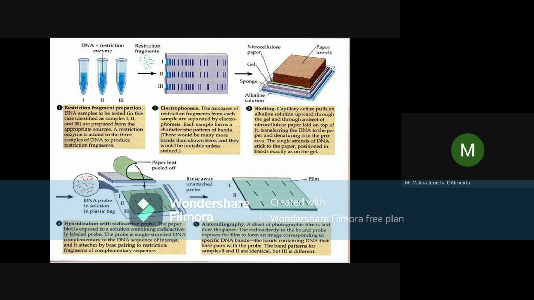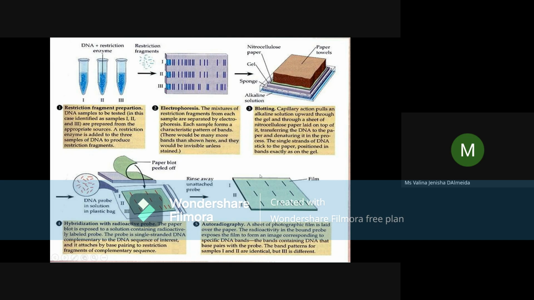Now this will undergo restriction digestion. Once it is done, I'll make it ready for agarose gel electrophoresis, and then you run the agarose gel electrophoresis. We know DNA being negative, it moves from the cathode, which is the negative end, to the positive end, which is the anode. So then you have the DNA separation based on their sizes.